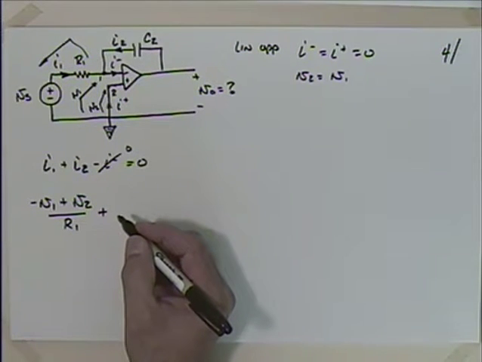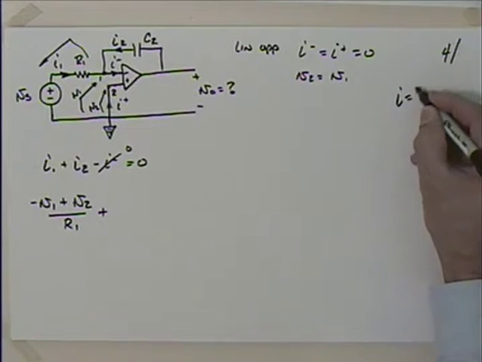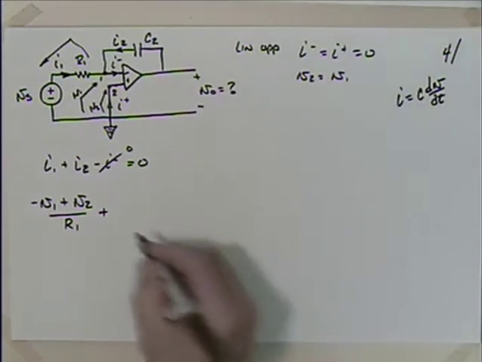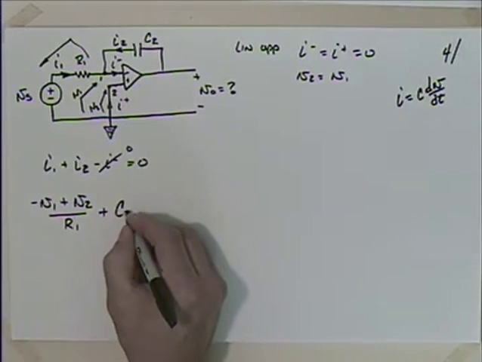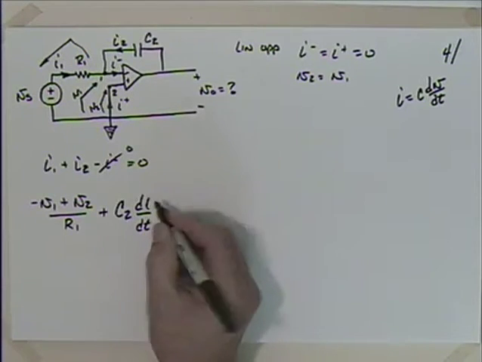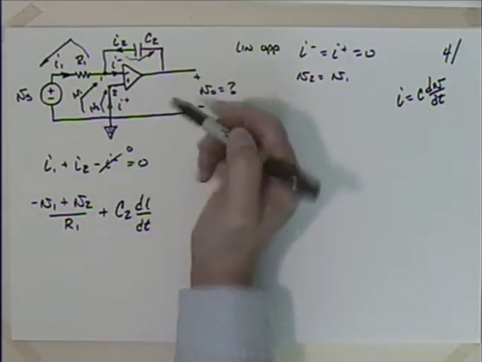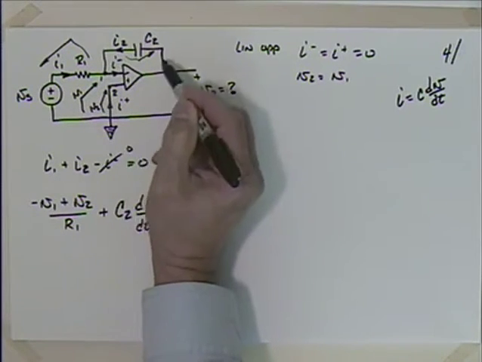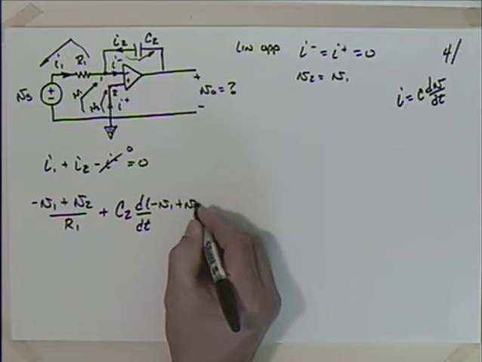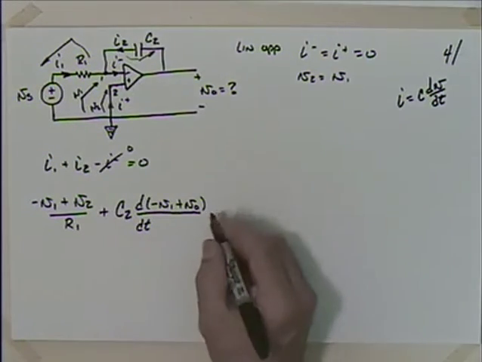What's I2? Remember our governing equation, that I is equal to C dV/dt, right? So let's use that. So I'm going to have C2 times the derivative with respect to time of what? Current's going that way, so I need to find the voltage going that way. Minus V1 plus V0. Minus V1 plus V0. That's equal to 0.